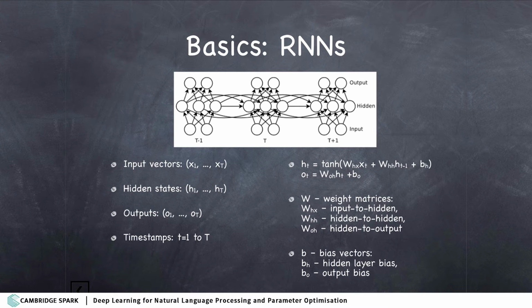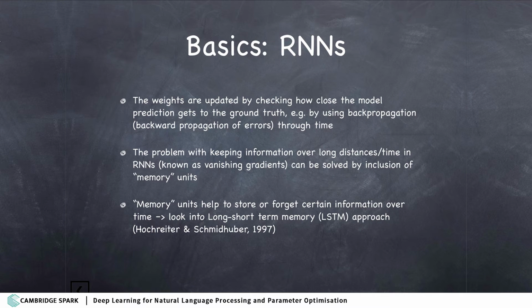We are going to learn those weights in a way that when our neural network produces the output, we compare it to the output that we want to produce, and we backpropagate the errors, this way setting the weights in the correct way. The problem that we might run into with this is called vanishing gradients, and there is a trick around that. If you want to learn more about that, look into the long short-term memory units. These are some of the aspects about the neural networks to keep in mind.